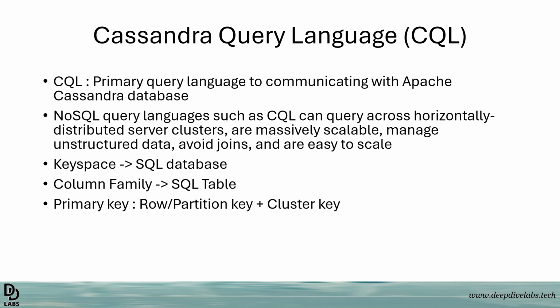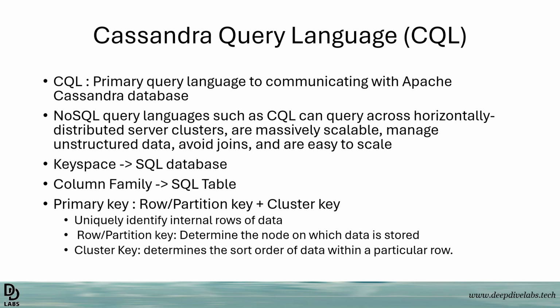To give you a sense of the typical Cassandra Query Language compared with the SQL that we are familiar with: the keyspace corresponds to the SQL database. The column family corresponds to the SQL table, right? And then the primary key is a combination of a row or partition key with the cluster key.